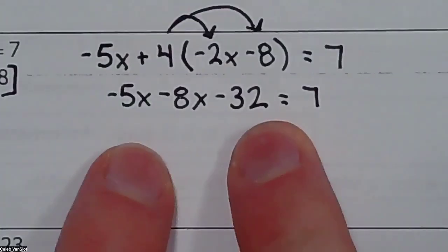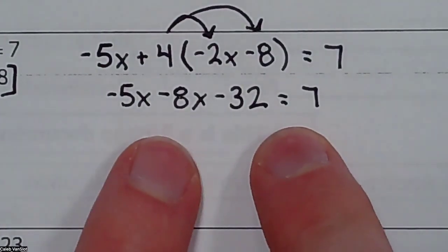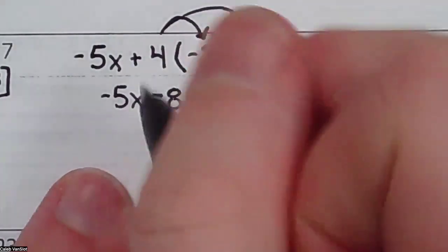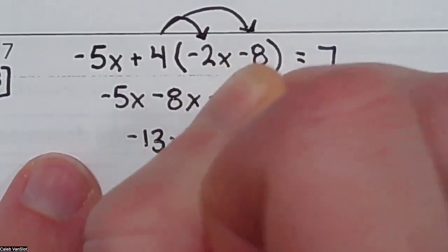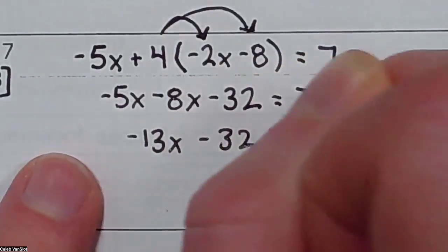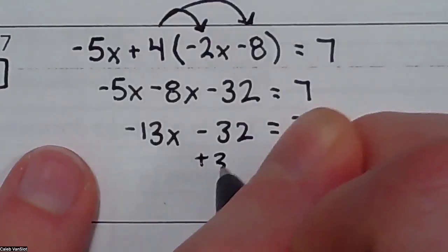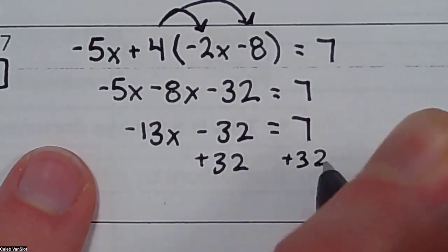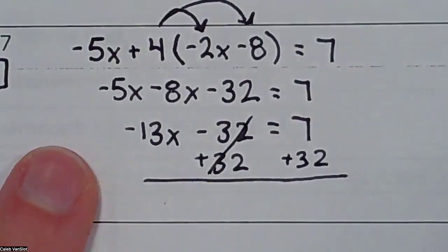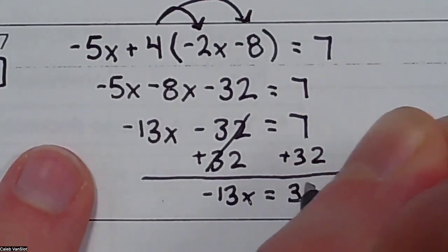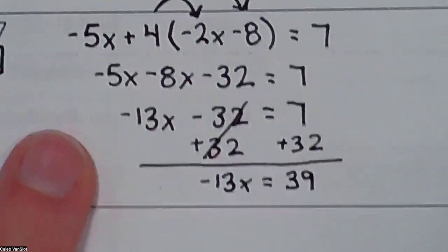Okay. We can combine like terms, right? Negative 5 plus a negative 8 gives me negative 13x minus 32 equals 7. I can add 32 to move it to the other side. That gives me 39.